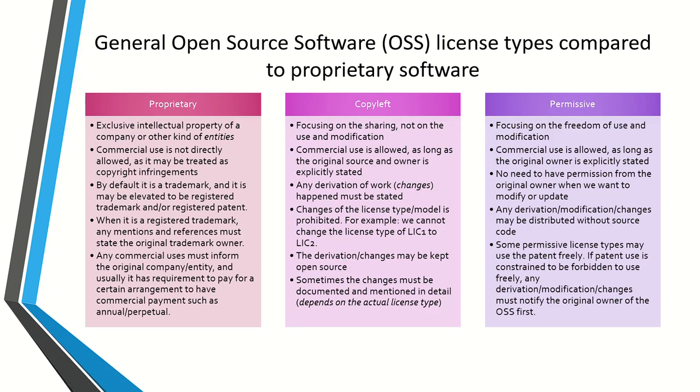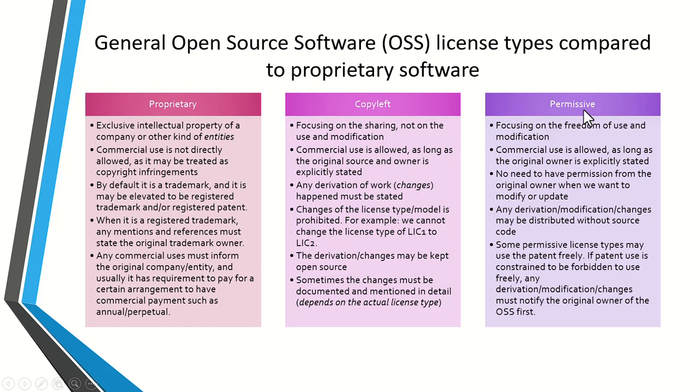This is a point you should pay attention to, because almost 70% of copyleft licenses state that derivations or changes must be kept open source. Sometimes the changes must be documented and mentioned in detail. Of course, this depends on the actual license type, but I can challenge you: most copyleft licenses, almost 70 to 80%, force you to document and mention the changes in detail.